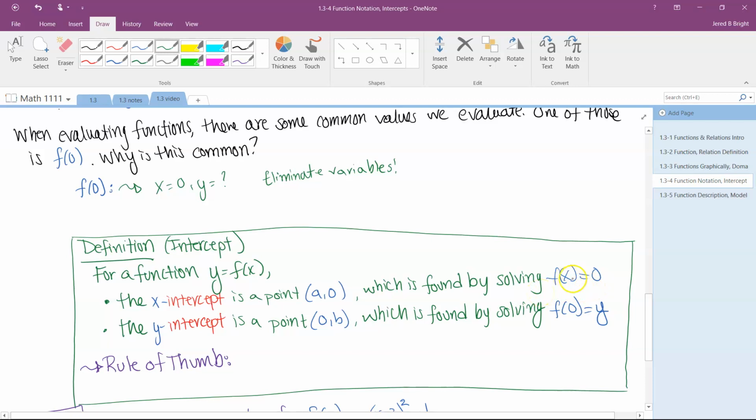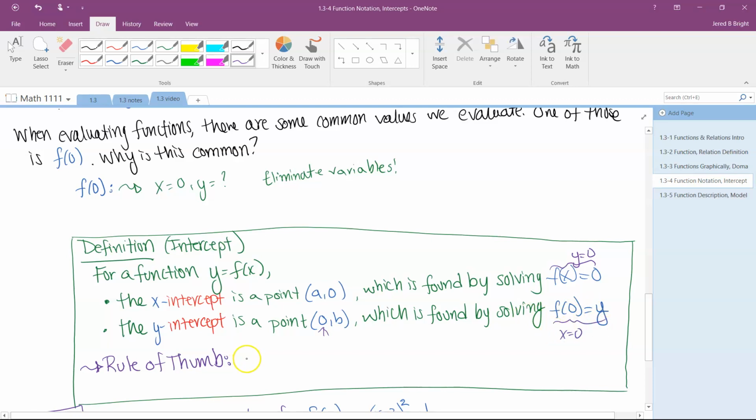This is really saying y is 0. So to find the x-intercept, let y be 0. When we want to find the y-intercept, it's a point 0, b. Notice that x is 0, so we set x to 0 and solve from there.